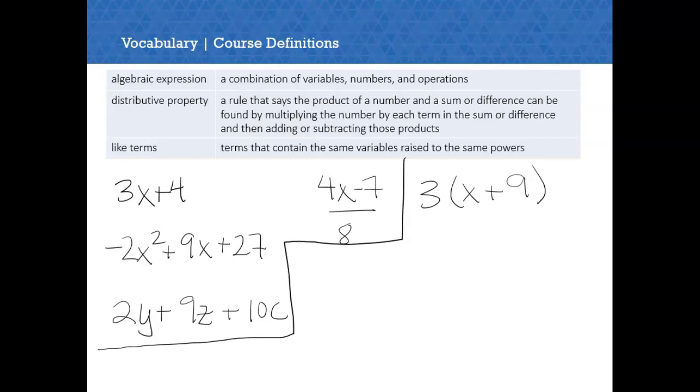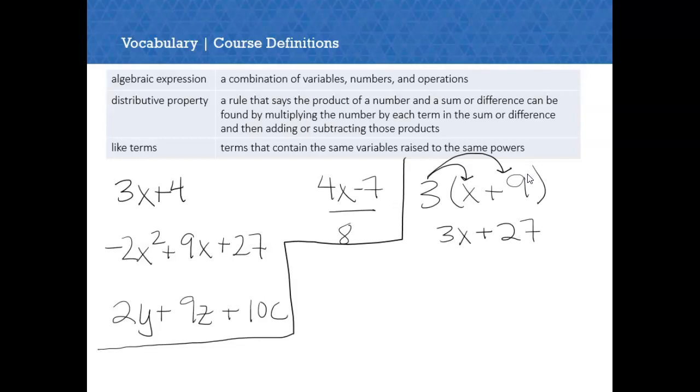just is a way to rewrite 3 times the quantity x plus 9. So what that means is we take the 3 and we distribute it, 3 times x and then 3 times 9. So 3x plus 3 times 9 is 27.